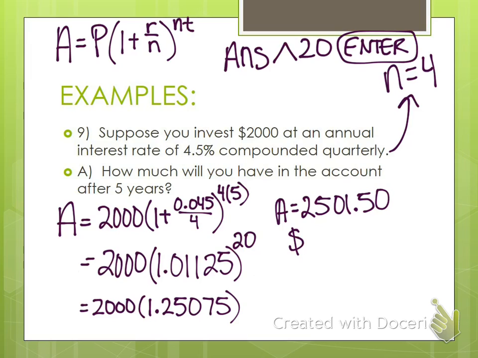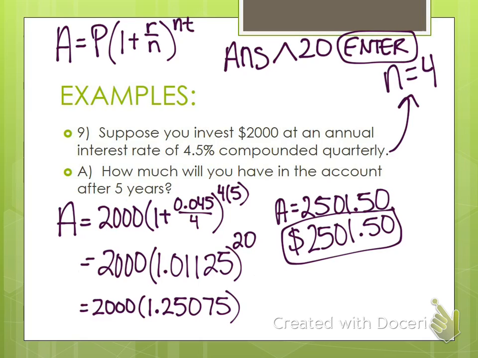So after 5 years, how much money have I made? About $500, $501.50. I made about $100 a year, right? It's not terrible. It's a decent investment.